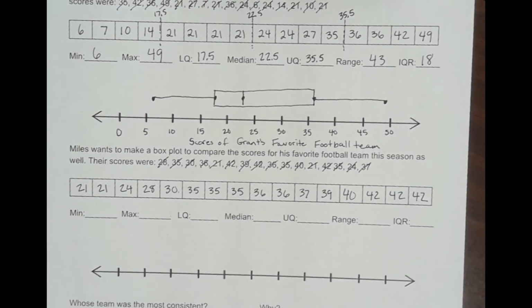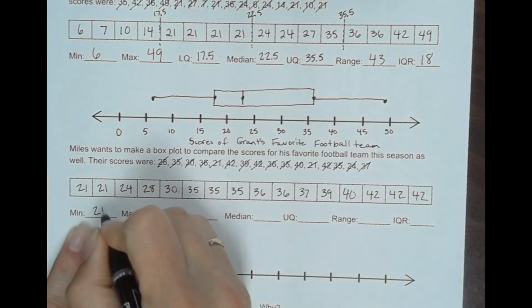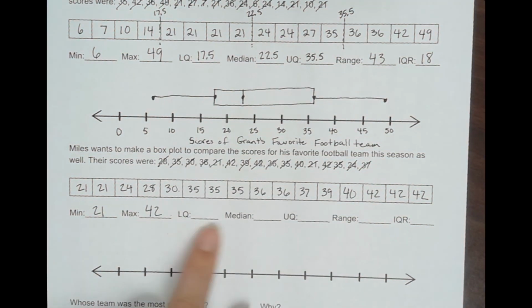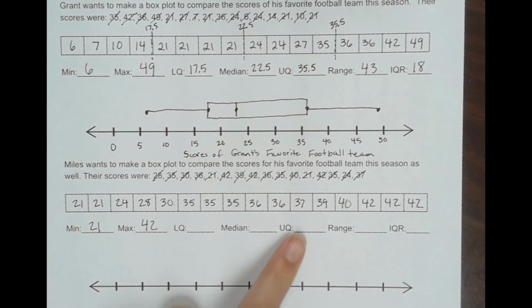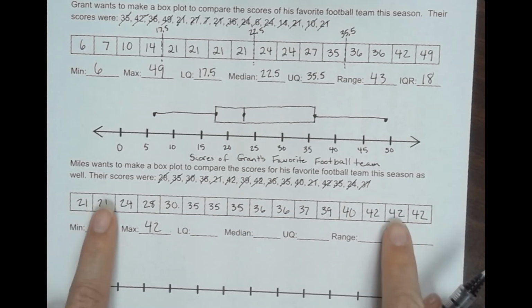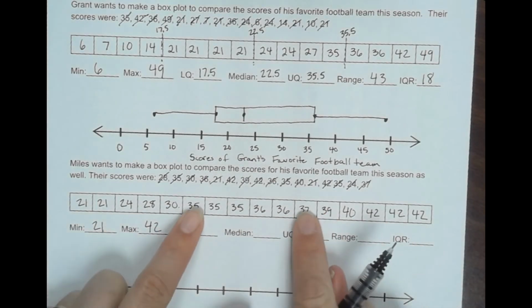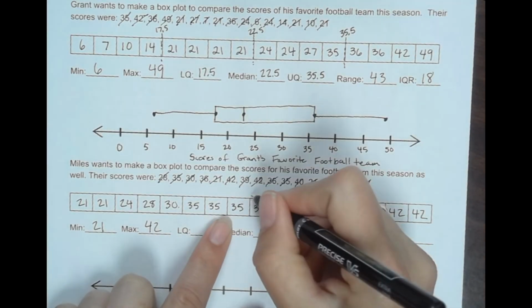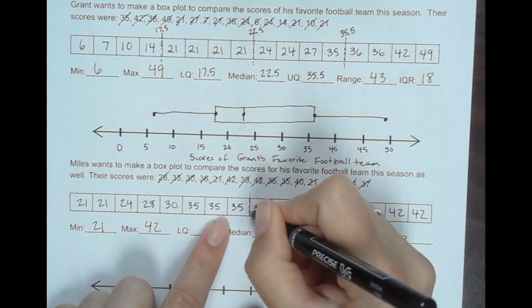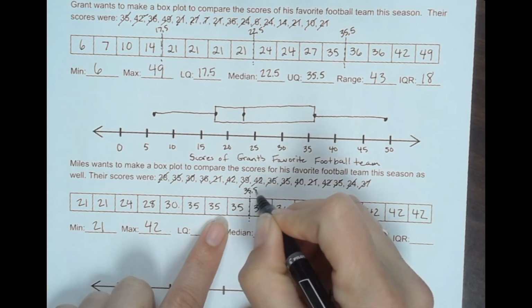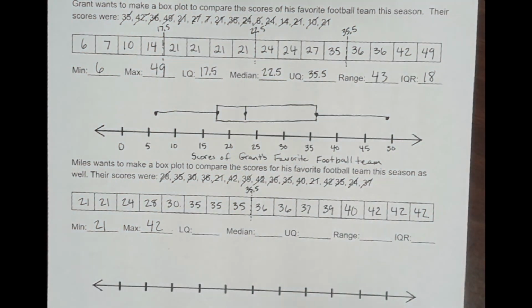Alright, let's find the minimum. 21. Maximum 42. Lower median first before we can find these ones. So find the median. So 35 and 36. So that's going to give me 35.5 if I add them together and divide by 2.